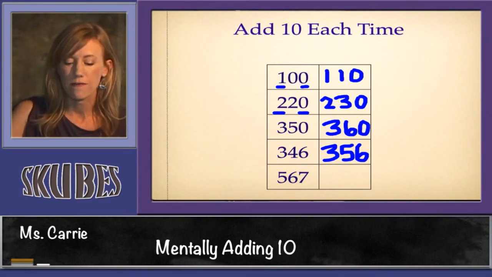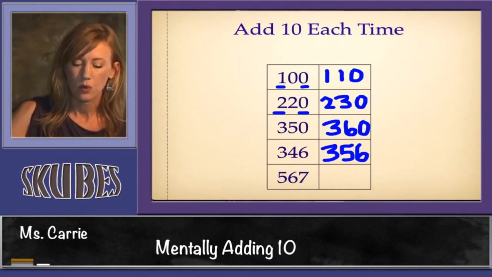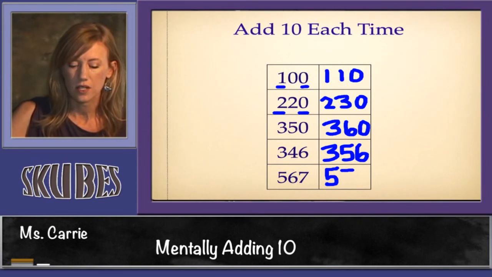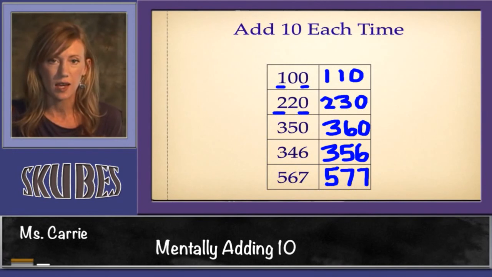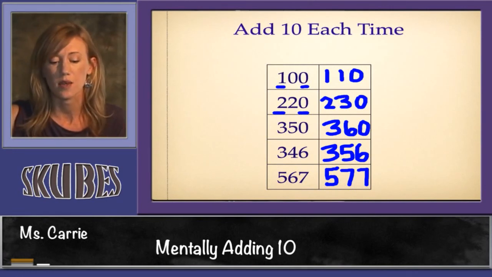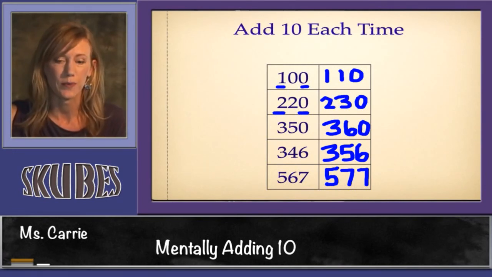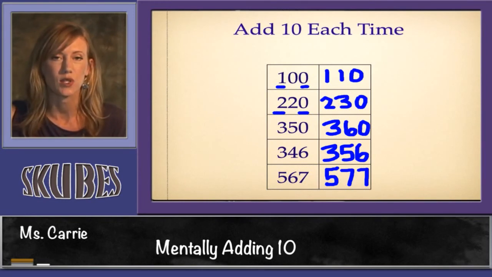And last we have 567 would become 577. The hundreds place stays the same, the ones place stays the same, but the tens place goes up one. That concludes our lesson today on mentally adding 10 to a number.